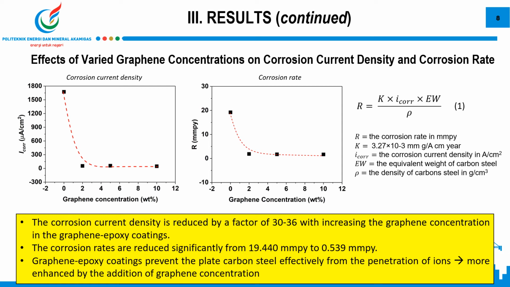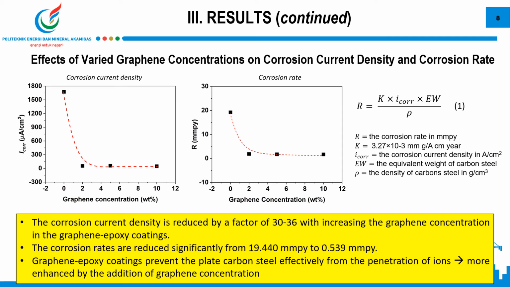The picture on the right shows the similar effect compared to the corrosion current densities. The corrosion rate is reduced significantly by increasing the graphene concentration.